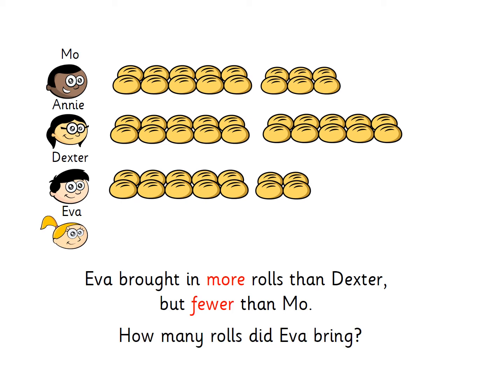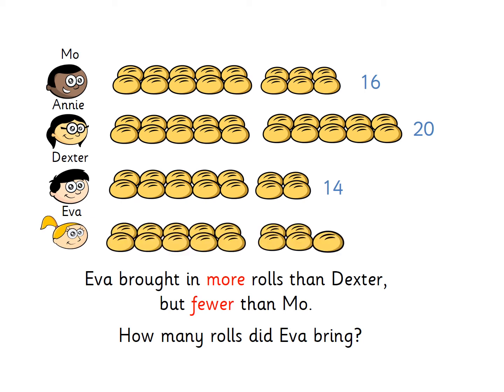So use your number track, find 14 and find 16 and see which number Eva has. So Mer has 16, it's got to be less than Mer, but it's got to be more than Dexter. What's that number in the middle? Super, she has got 15, because 1 more than 14 is 15, 1 less than 16 is 15.